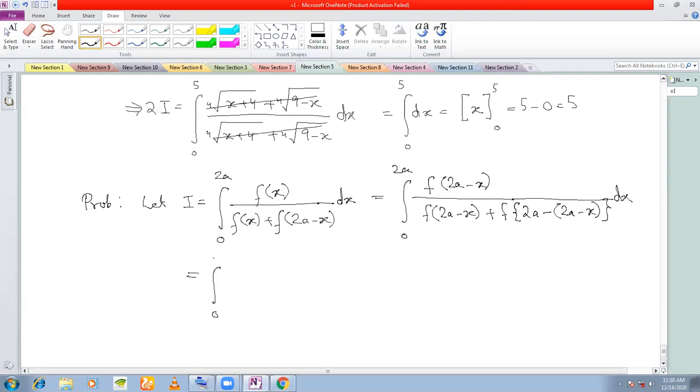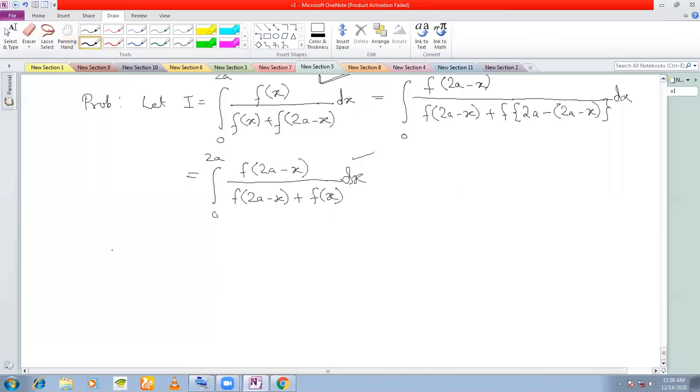So what do you get here? Integral 0 to 2a f(2a minus x) by f(2a minus x) plus f(x), because 2a will cancel once you open the bracket. So you have I equal to this, and you have I equal to this. Therefore now you can add the two integrals.